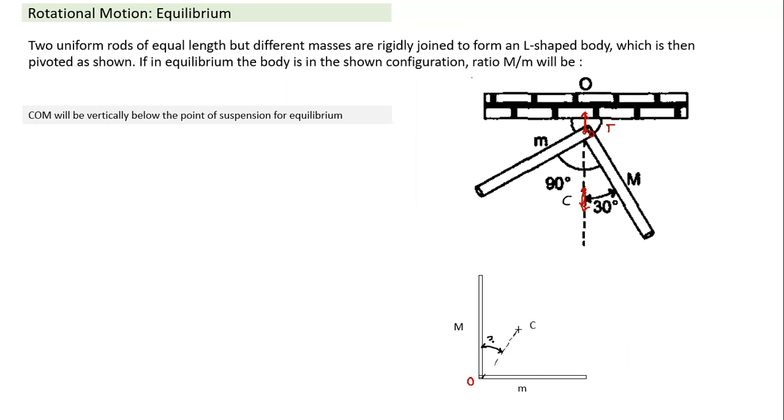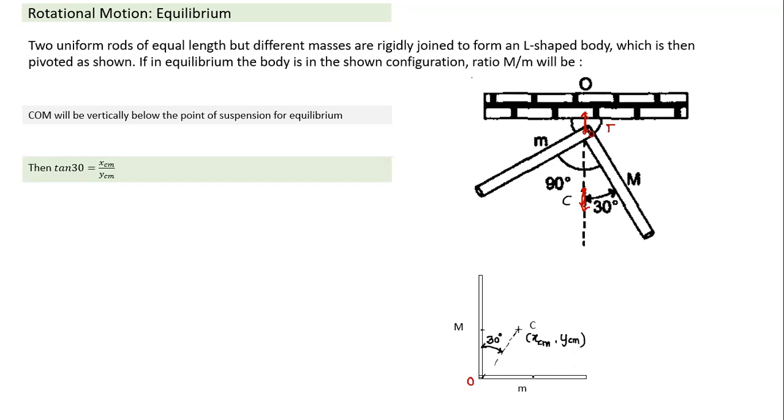Now it becomes a simple question of finding the center of mass. Basically, I have changed the orientation so that it becomes easy for me to understand. I can calculate XCM and YCM, but since the angle is 30 degrees, XCM by YCM is equal to tan 30. That's the condition given.